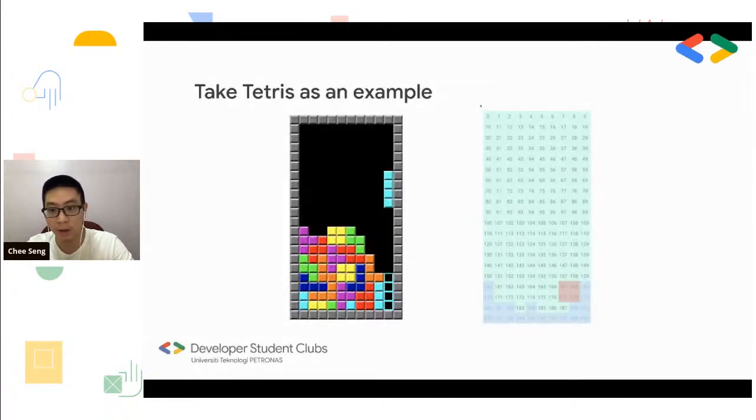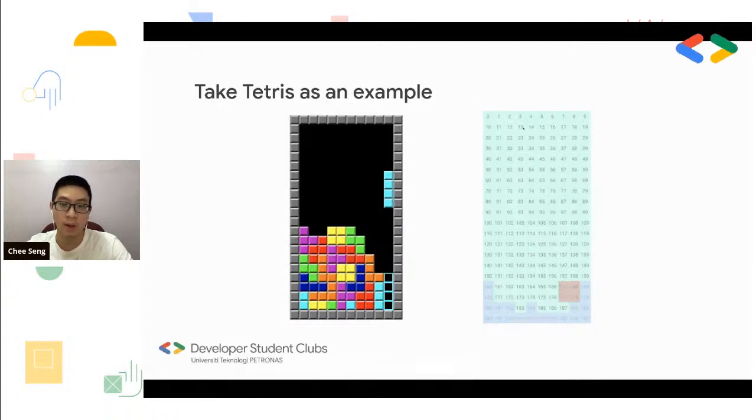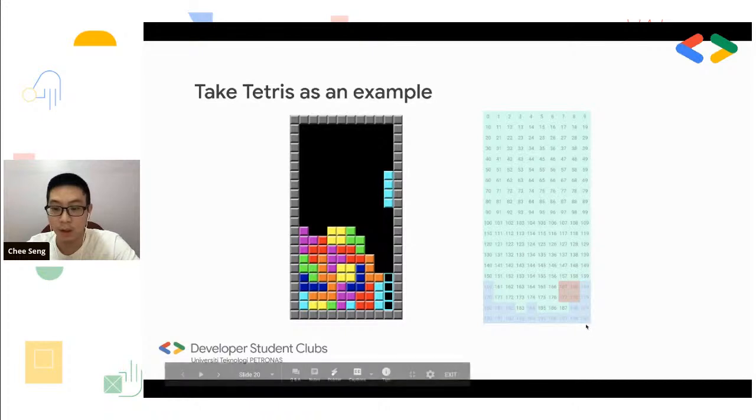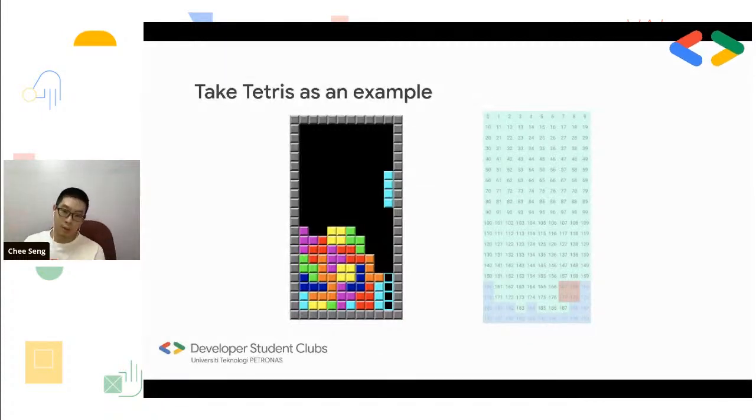You look at it as a grid, because in Tetris there are boxes. Inside this grid there are a lot of numbers, known as arrays. So you need to apply all these numbers from 0, because an array starts at 0, and it ends at 199. Basically, there are 200 square boxes here.